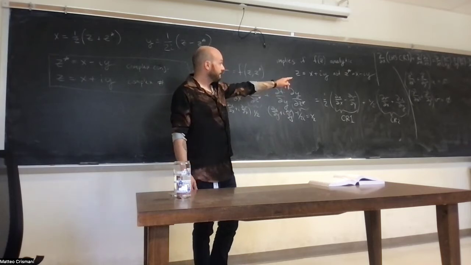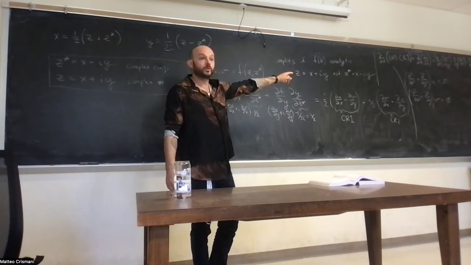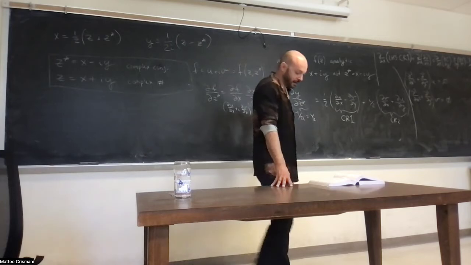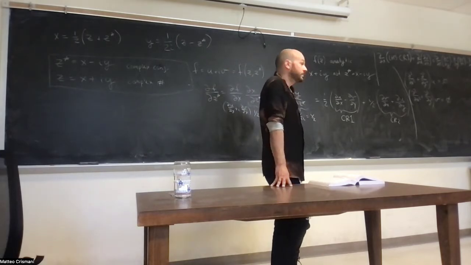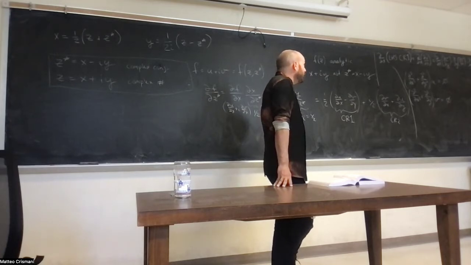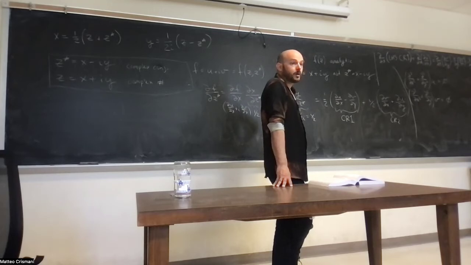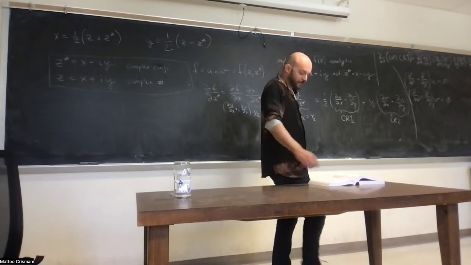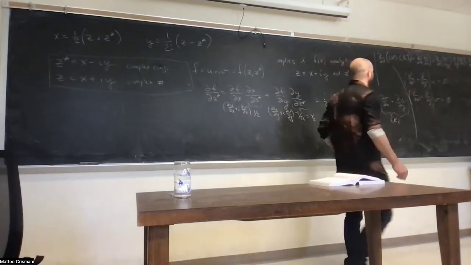You could do del of u and get the gradient. That would be the directionality in each slope. We'll talk about the curvature, but what this is separately saying is that the Laplacian of u and the Laplacian of v are both 0. Okay? So this separately solves Laplace's equation.